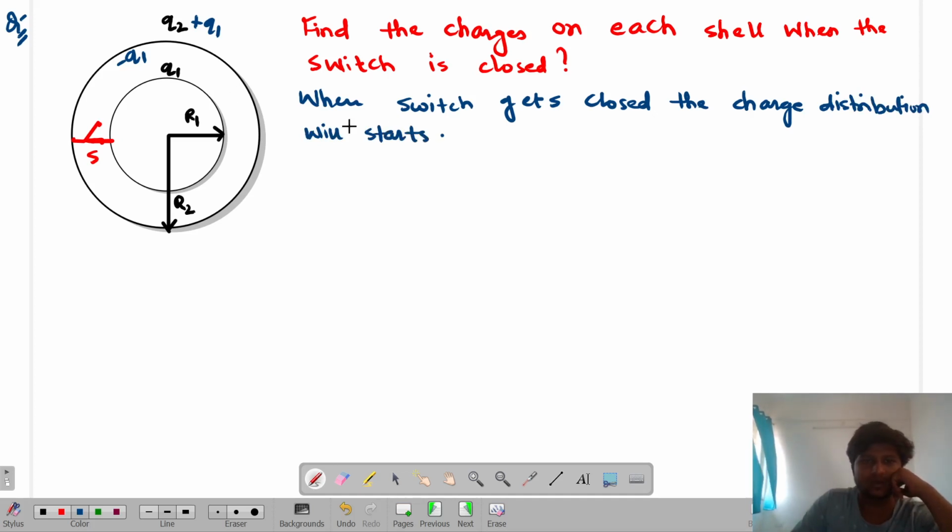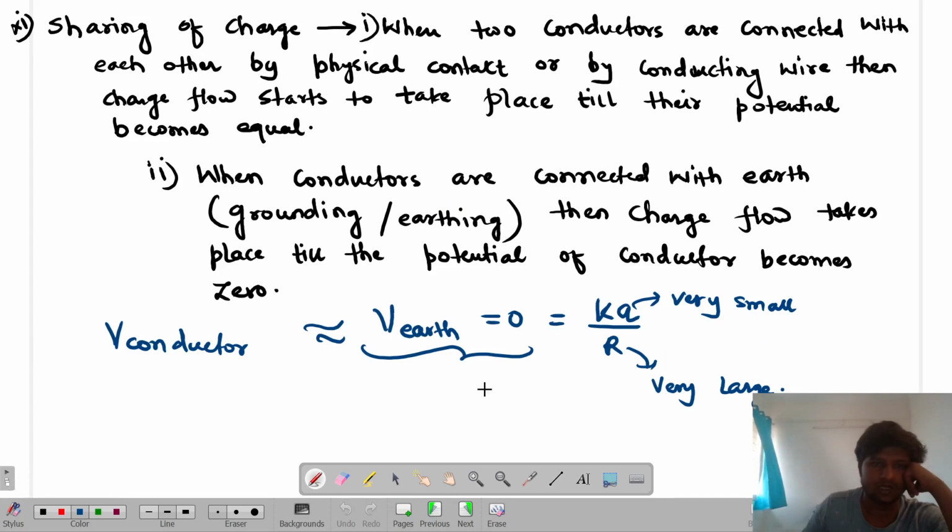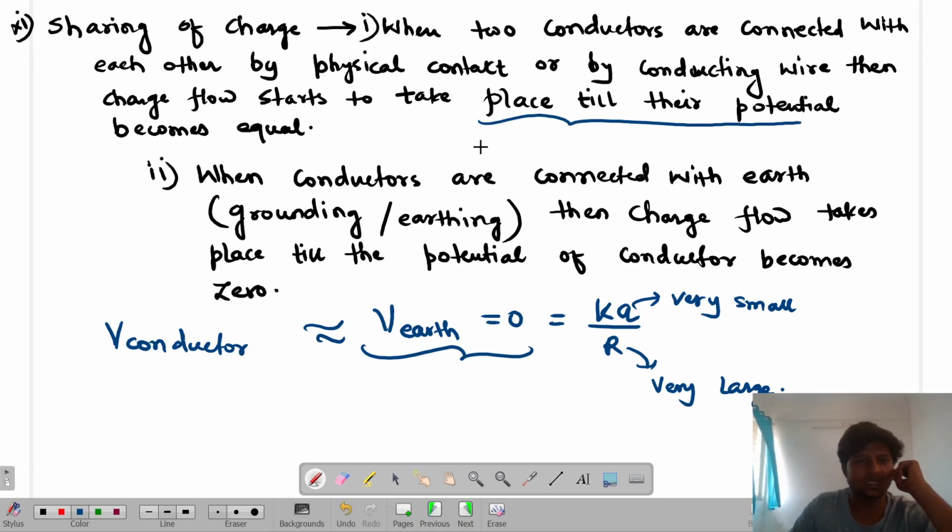It means that it's not induction. The charge distribution we understood: when you connect the conductors with wire, then they share the charge. Charge flow is there till the potential becomes equal.